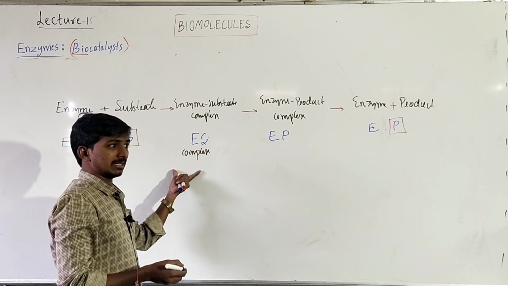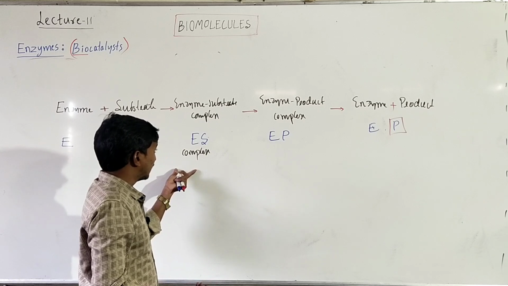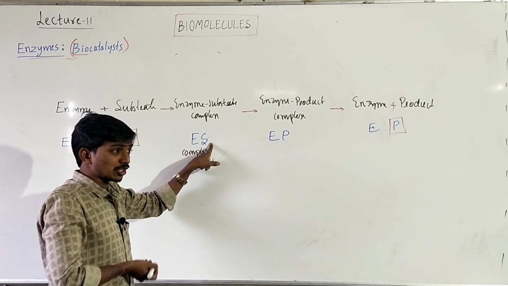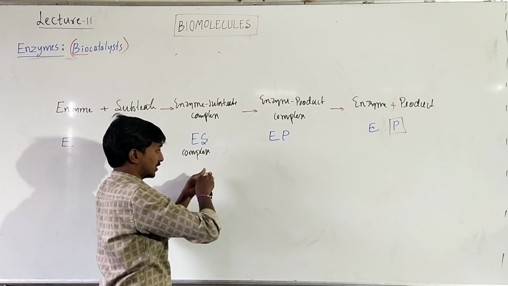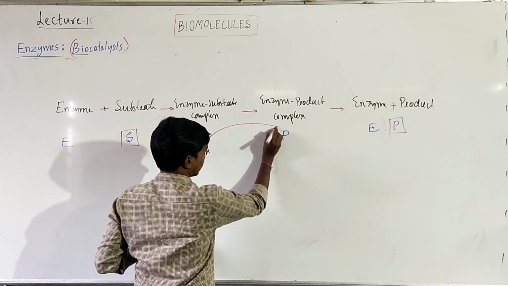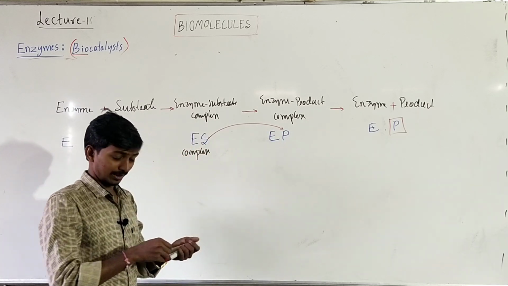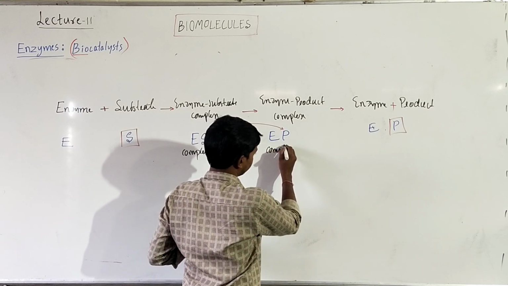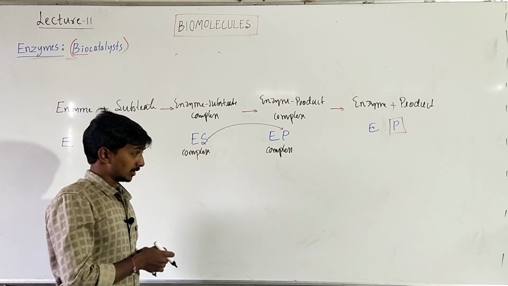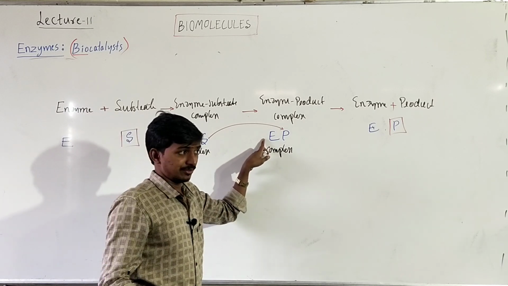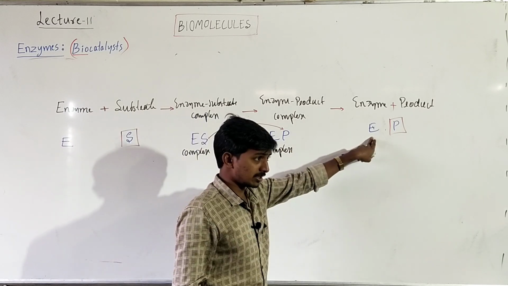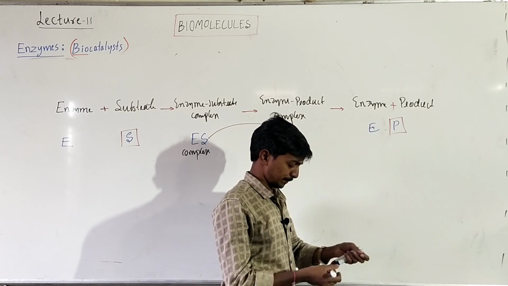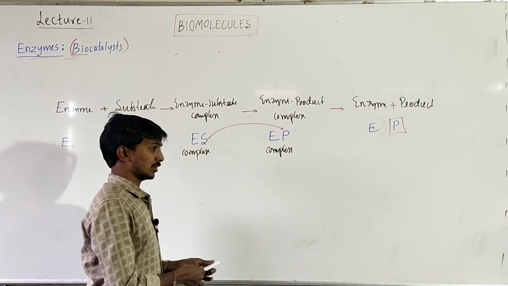By many chemical reactions and chemical changes, the structure of the substrate becomes the structure of the product. In this step, it is then called an enzyme product complex. Lastly, the enzyme does not undergo any chemical change; it remains as it is, converting the substrate into the product.